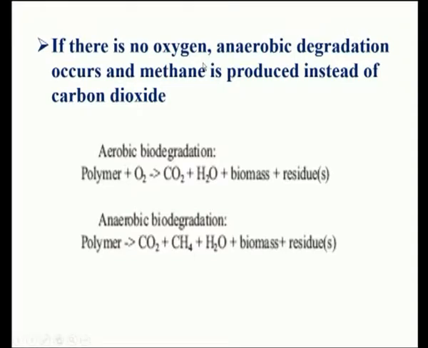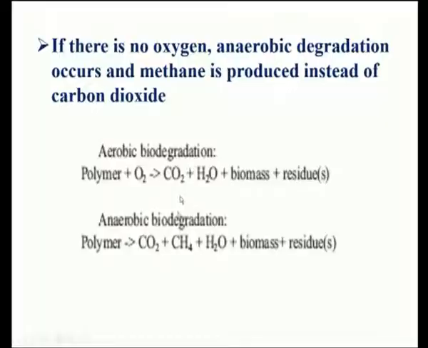On the other hand, if there is no oxygen, anaerobic degradation occurs and methane is produced instead of carbon dioxide. So methane is one of the major products. In the presence of oxygen, CO2 is the major emitted product, whereas in the absence of oxygen, methane is one of the major eliminated products, as shown in this reaction scheme.